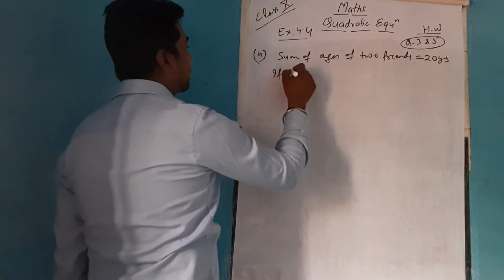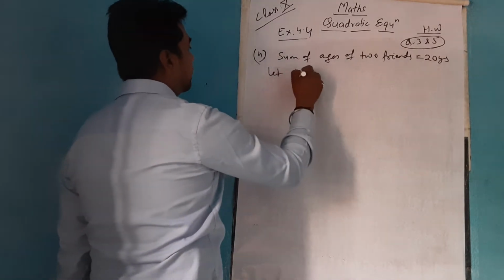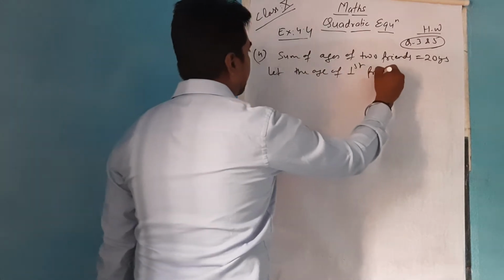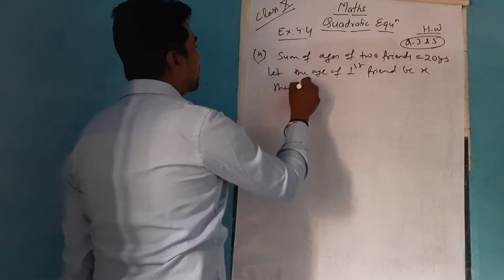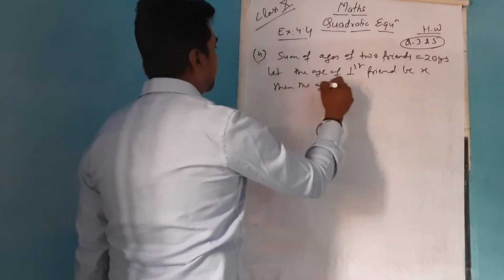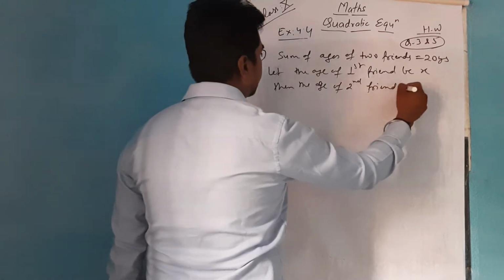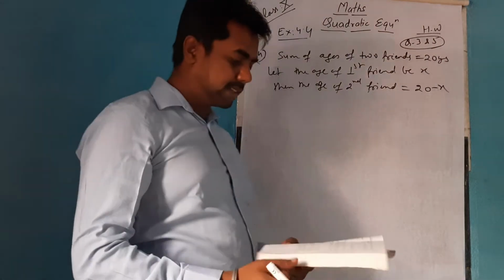Let the age of the first friend be x. Then the age of the second friend will be 20 minus x years, as the sum is 20.